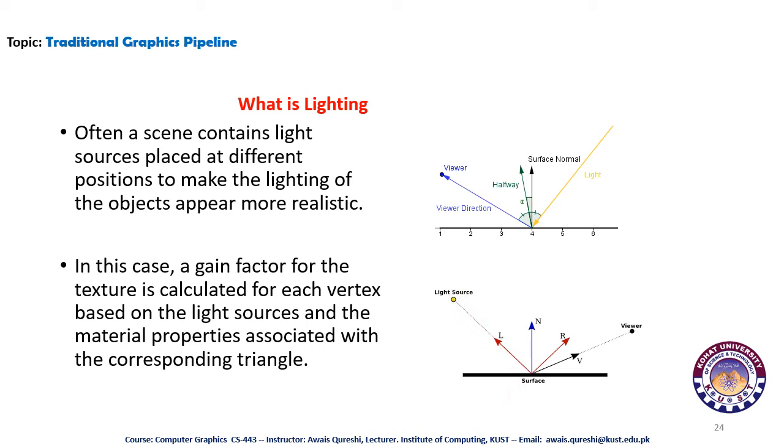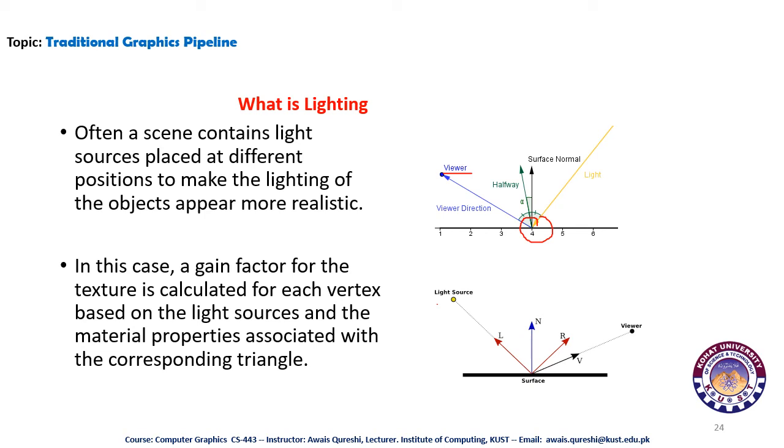So this is a light source. You can see that when the light hits this surface over here, it is reflected into different directions, and then the viewer is able to see the object which is on the opposite side.